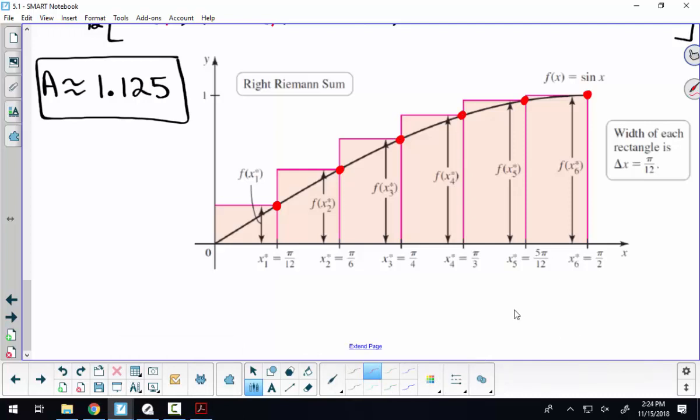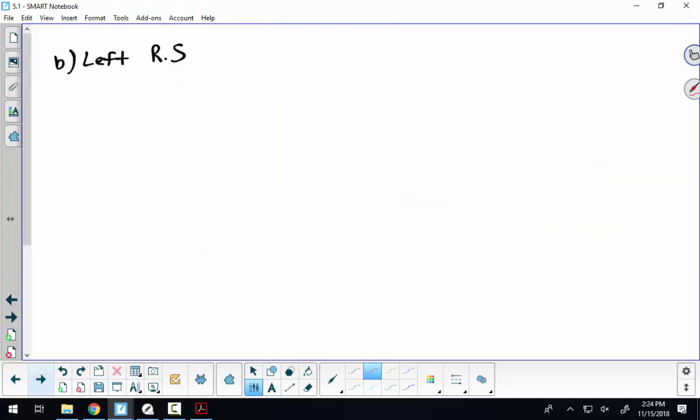All right, we'll continue with the left and midpoint Riemann sums. This idea of a two-dimensional area, kind of putting in rectangles, does extend into higher dimensions.